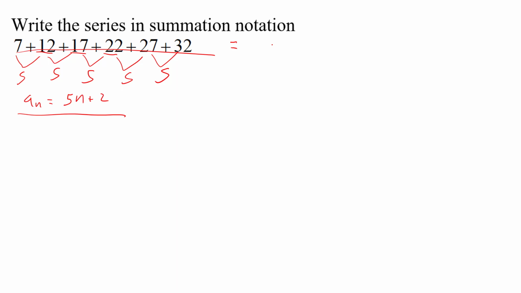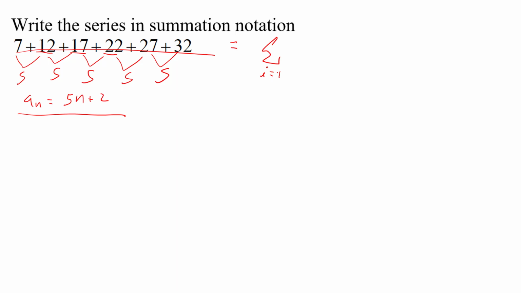For summation notation, the name of your counter makes absolutely no difference. But for some reason, a lot of books, and now I have that habit, when I write the sequence, I use n, and when I write the series, I use a different letter. So I'm going to use i equals 1. No need to start anywhere else. To get the 7, we plug in 1.